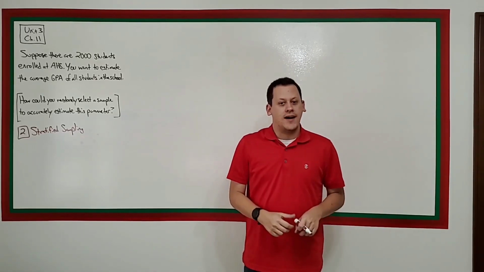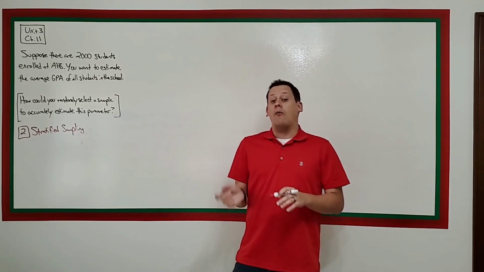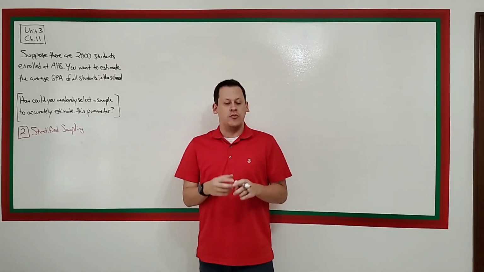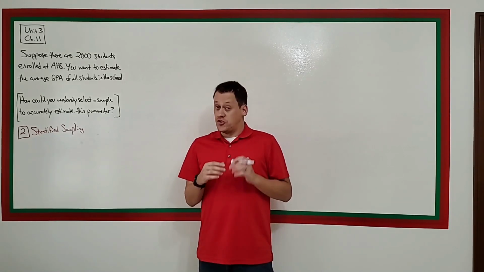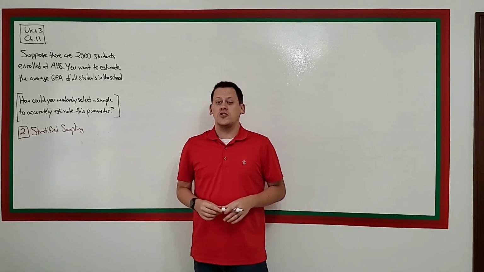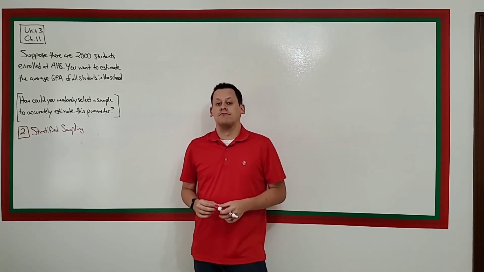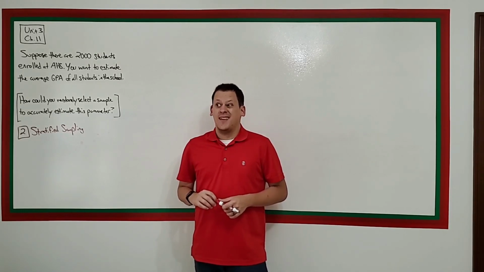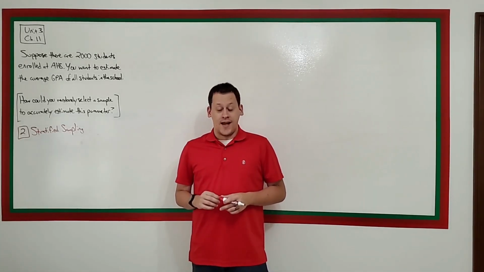It's called stratified sampling. Now, I want to go back to SRS. With simple random sampling, we're sampling 200 students, is it possible we could get a sample of 100 freshmen and 100 sophomores? It is, actually.